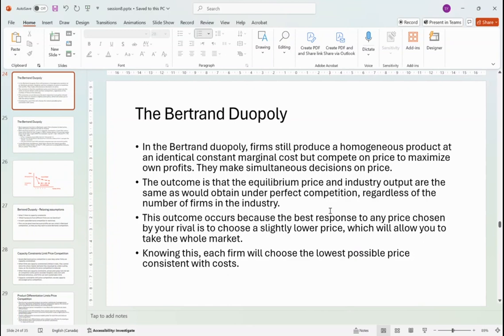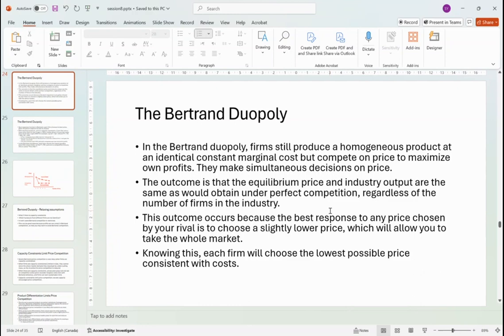So the outcome of Bertrand duopoly is very interesting. What's happening is that the equilibrium price is going to be the same as the equilibrium price under perfect competition, right? The reason is that, assume two firms are competing on prices, right? Each firm has incentive to lower the price and get the entire market compared to the rival.